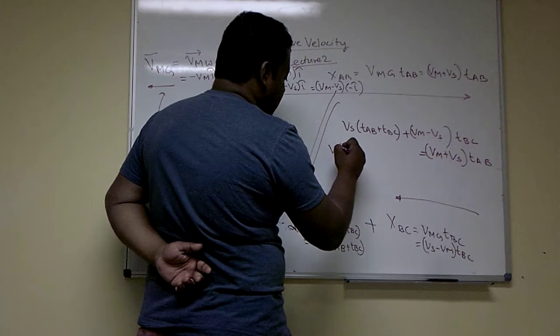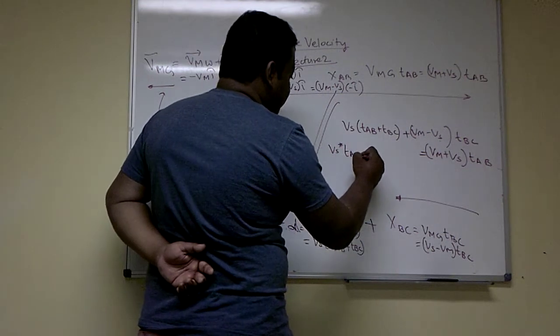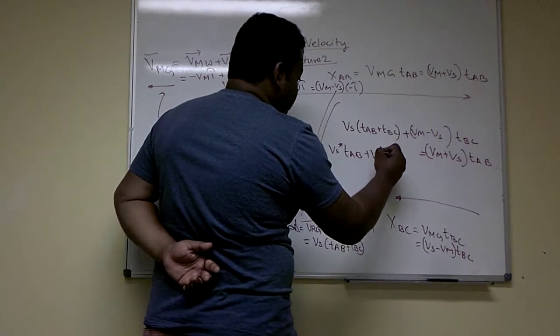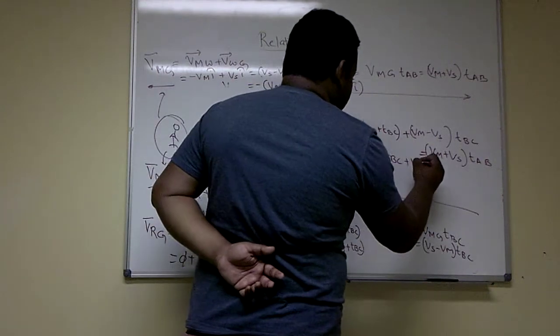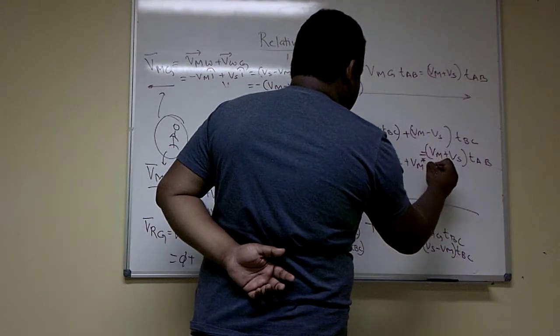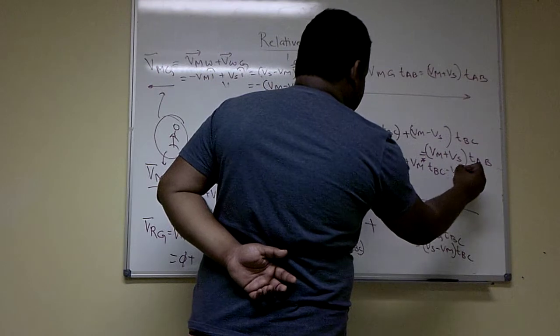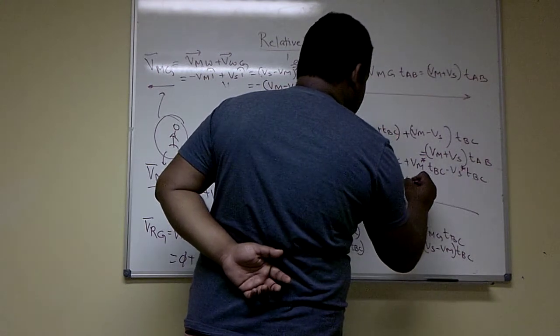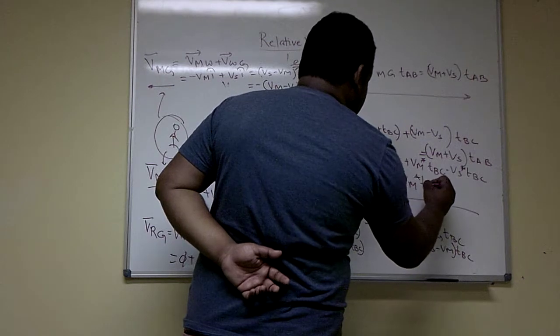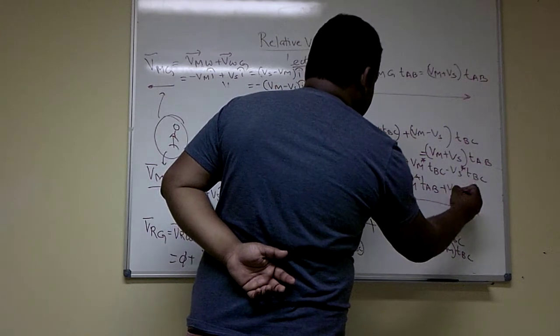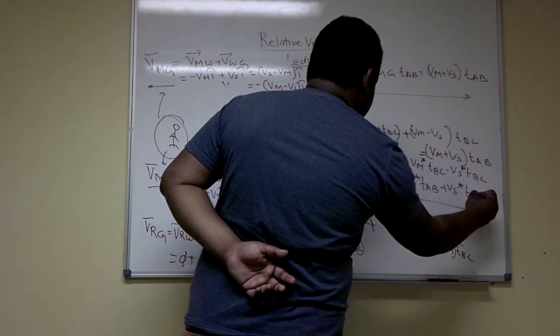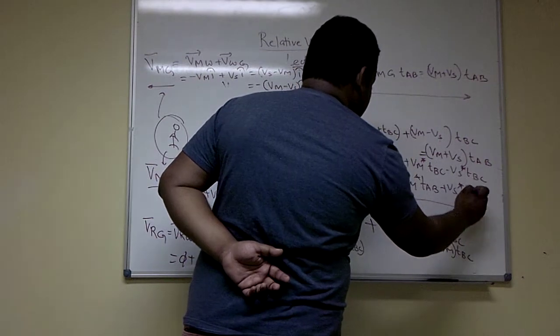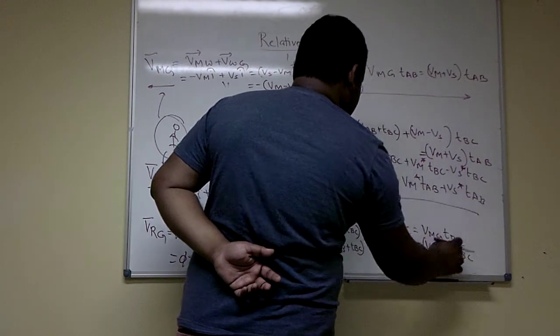This is Vs times TAB plus Vs times TBC plus Vm times TBC minus Vs times TBC equals Vm times TAB plus Vs times TAB.